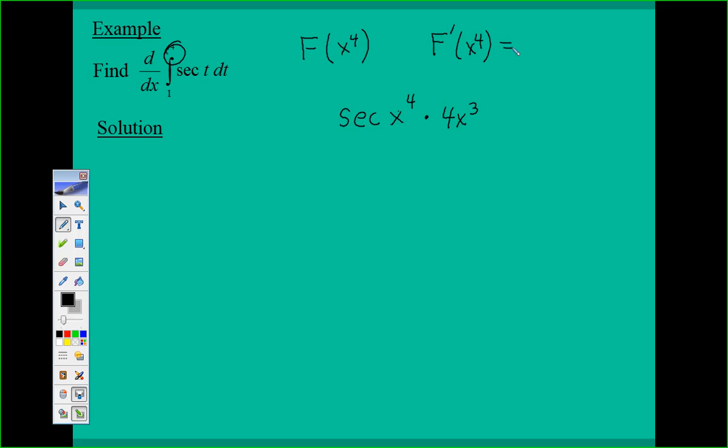So the derivative would be secant of x to the fourth. But then we would have to multiply by the derivative of the inside function. So we'd have times 4x cubed.